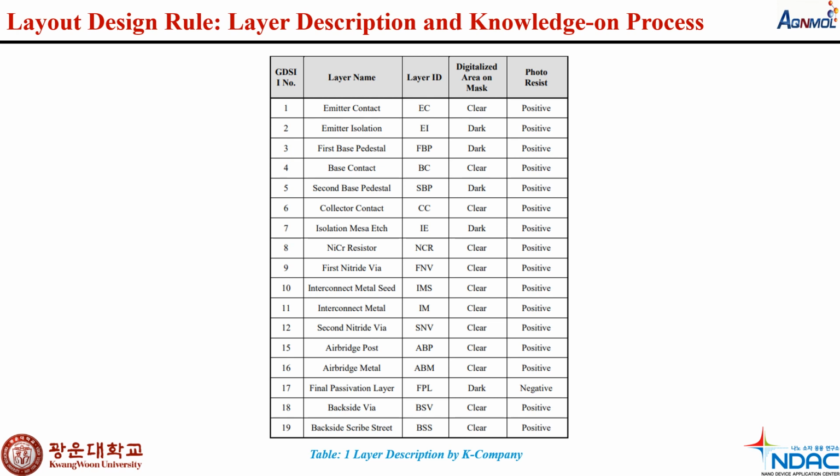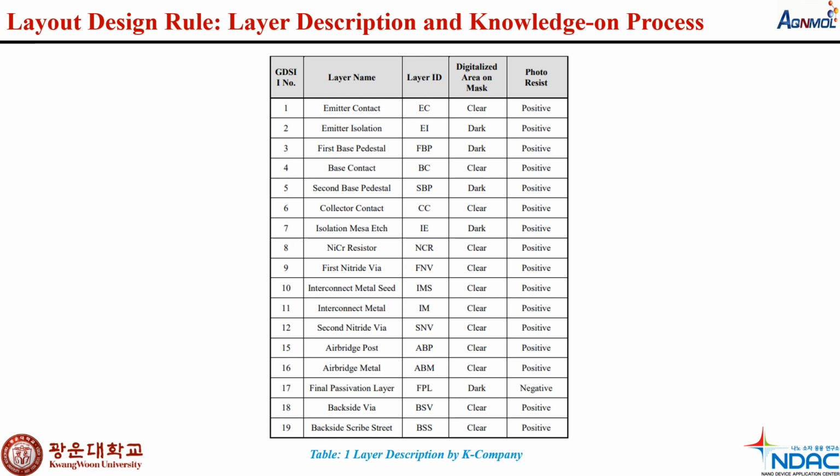All the components consist of these layers. The following section presents each device. Some of these layers are used independently of other requirements and others should be designed. We can see here the layer names, the layer IDs, and the digitized area on mask and photoresist.